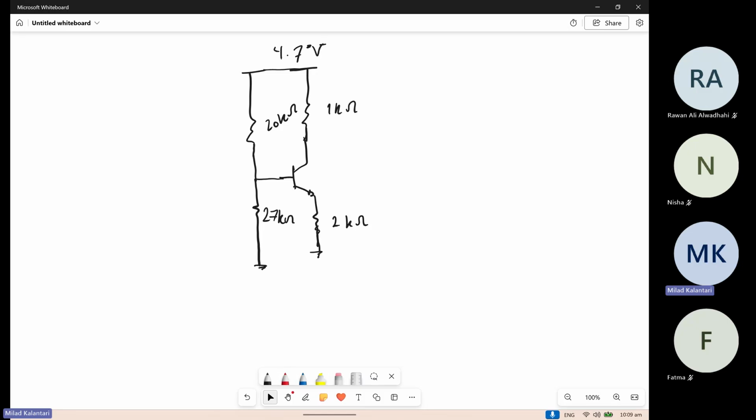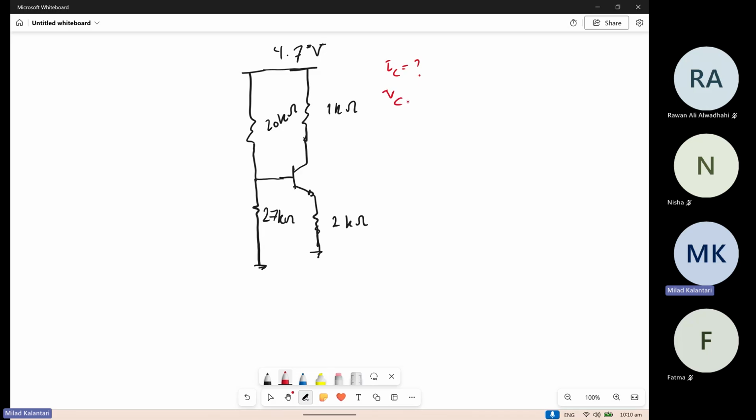A little bit review of what we have learned before. Let's say this is the given circuit. We want to see what is the operation point of the transistor. The operation point means we want to know what is the collector current, right?